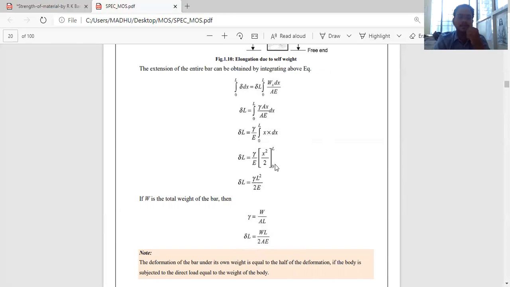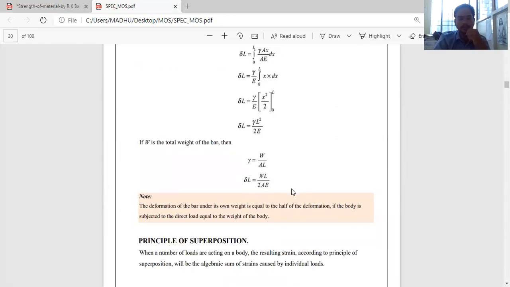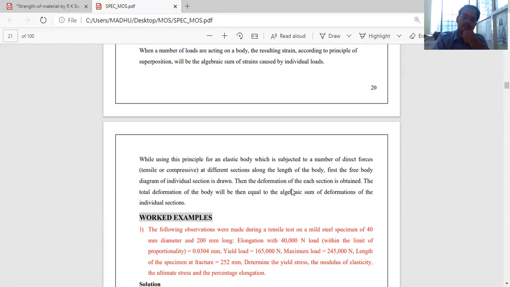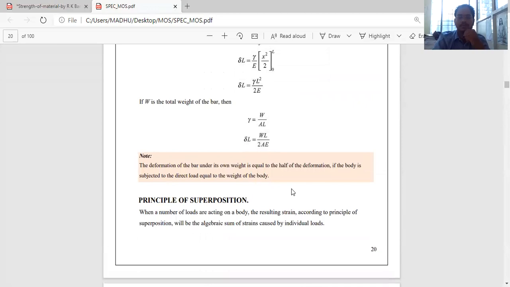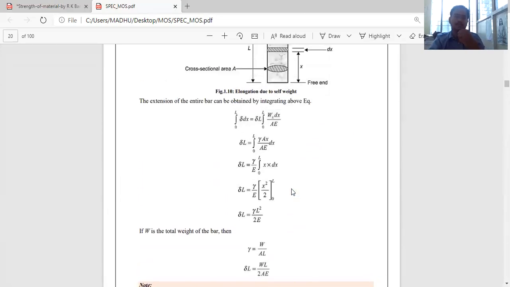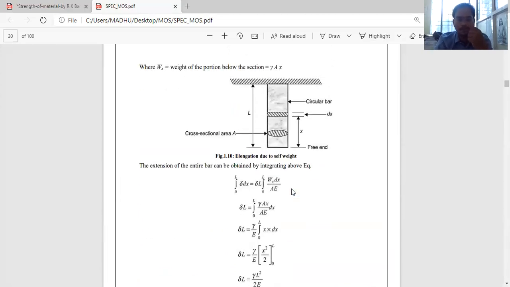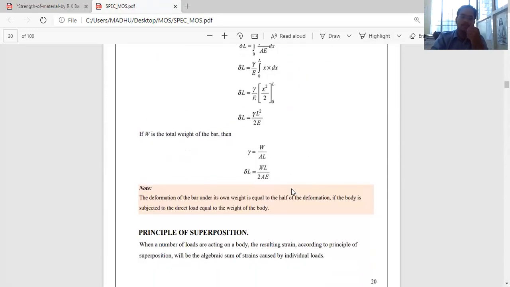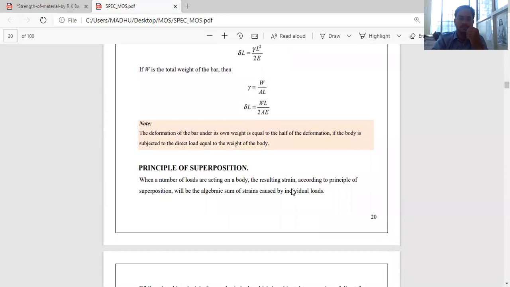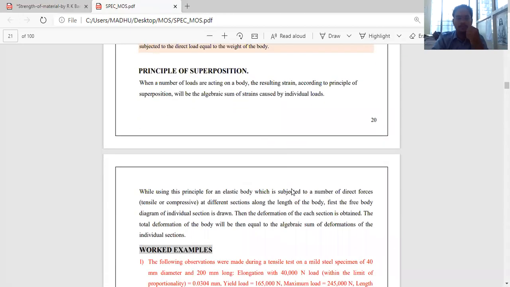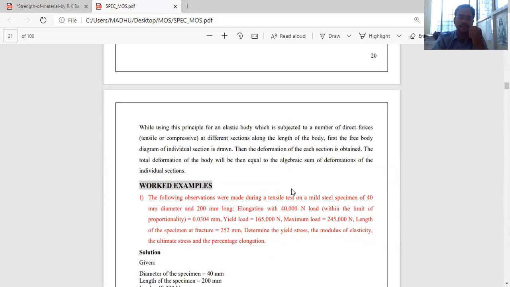And this principle of superposition we have already completed.